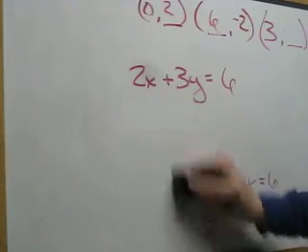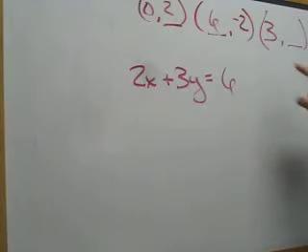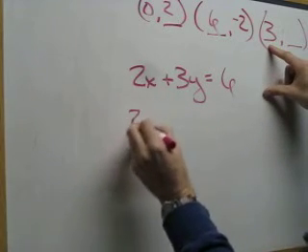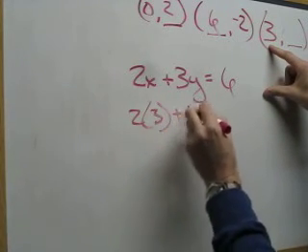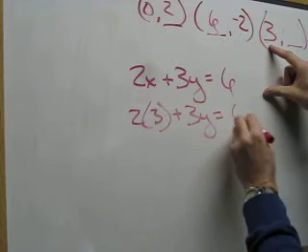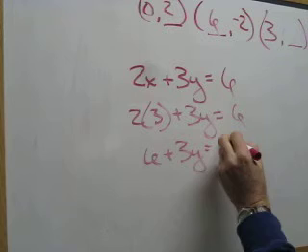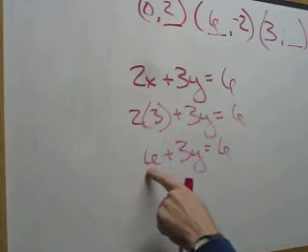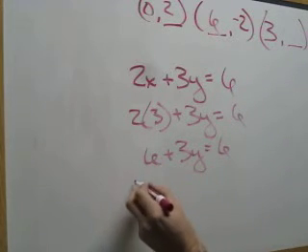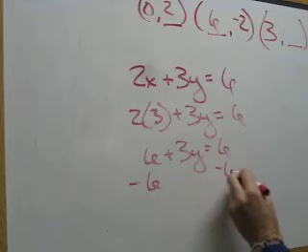Alright, let's try one more here. When x is 3, so 2 times 3 plus 3y equals 6. Multiply through. I'm adding 6 to 3y, so I'm going to subtract it.